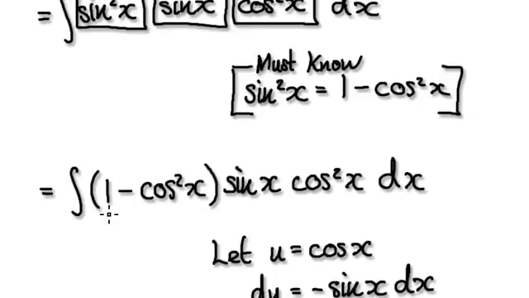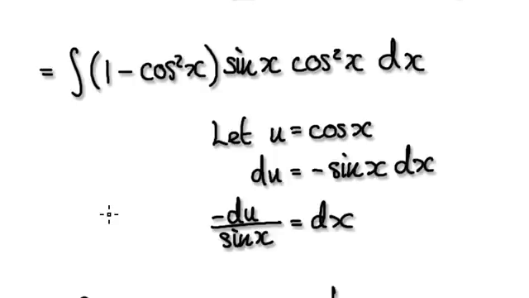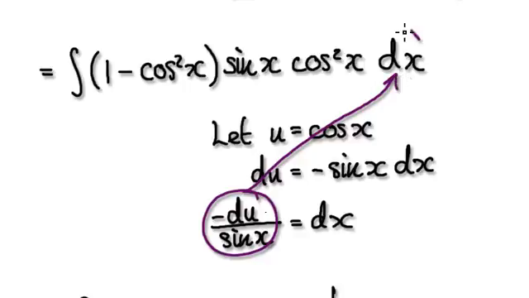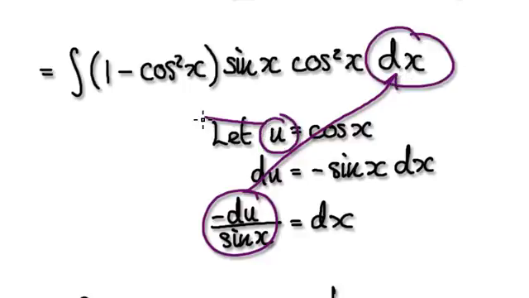Now integrate. So let u equal this thing here, so du equals this thing here, so dx equals this thing here. Now following our normal routine, we will put the u into here.